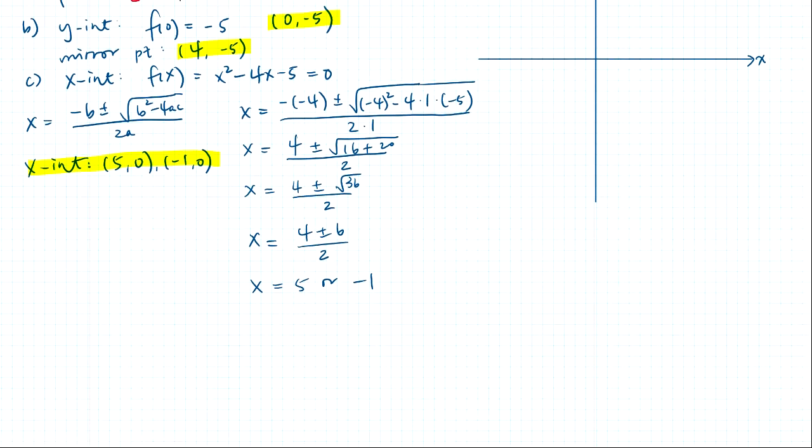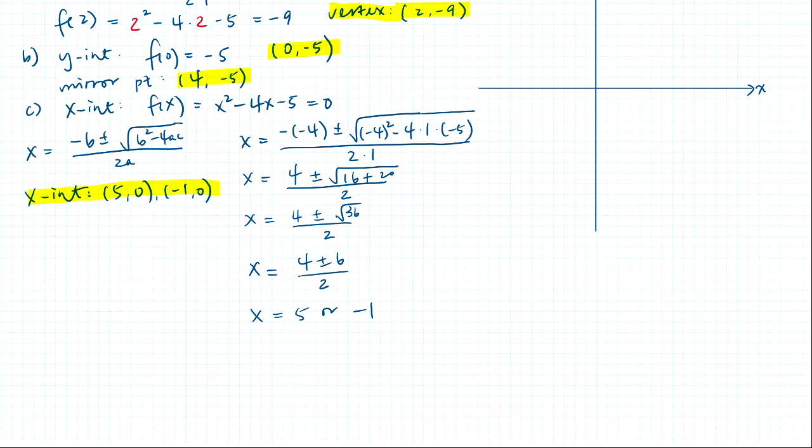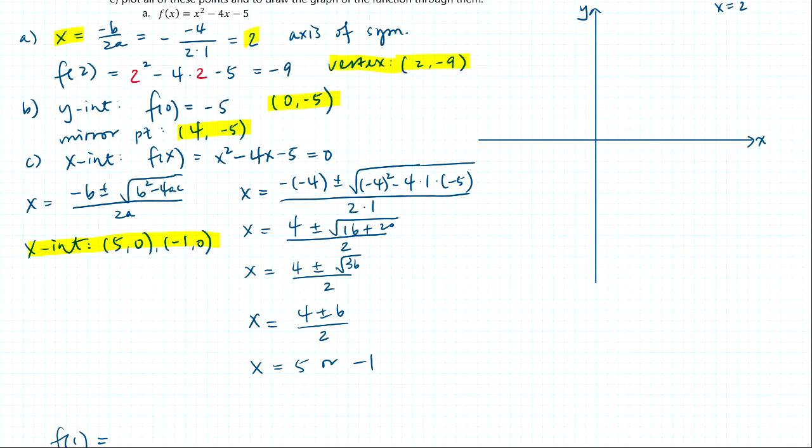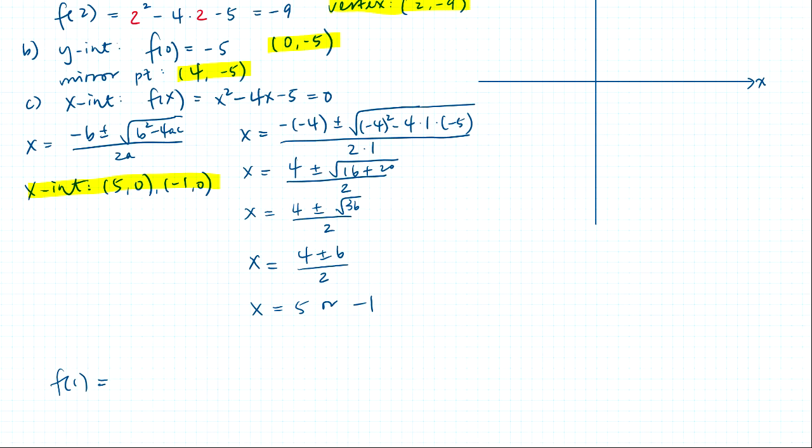So if we had x equal to 1, then we can have the point f of 1 for the y-coordinate. If we plug 1 in, we would get 1 squared minus 4 minus 5, which would be 1 minus 4 minus 5, and that's equal to -8. And therefore I know a point we would have is 1, -8.